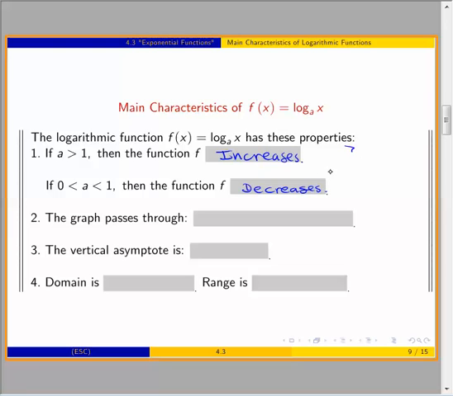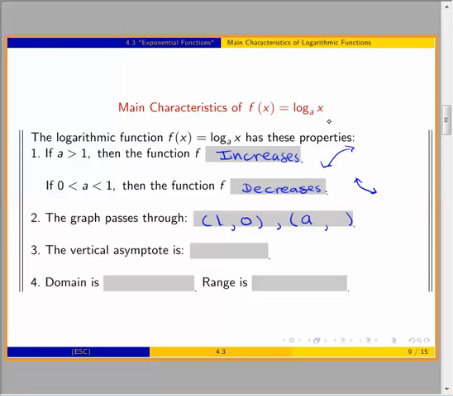Okay, one point that you guys want to remember for these logarithmic functions is the x-intercept, so they all pass through 1 comma 0. And a second point of interest that you guys want to remember is every time you plug in the base into x in these functions, then the output is always 1.